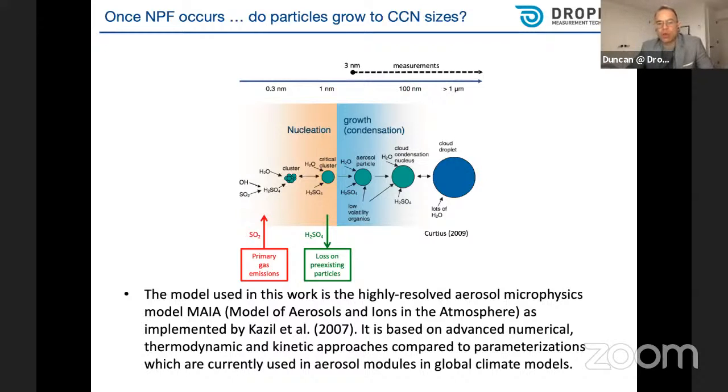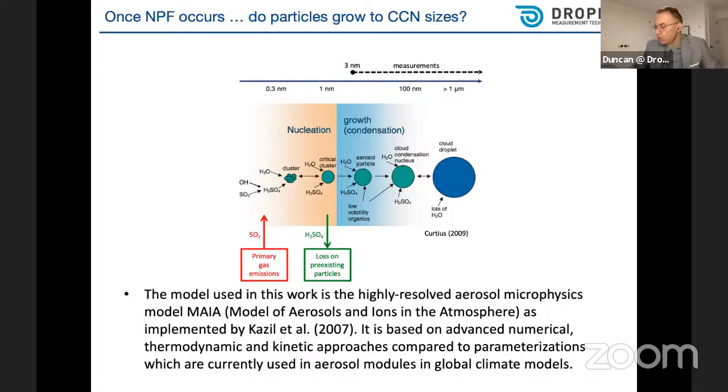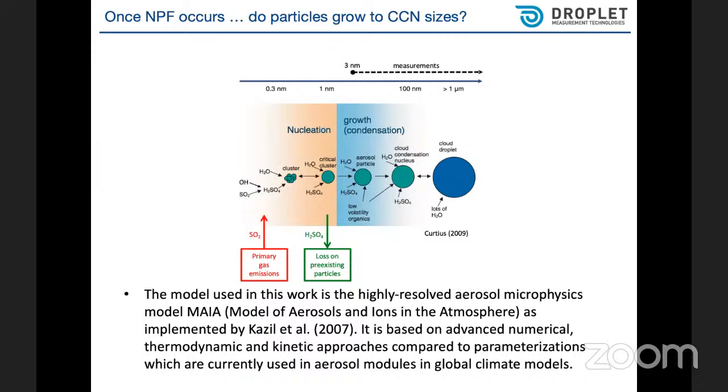And what I did was, wherever there was a particle formation event, I used that size distribution that was measured and then used the model that simulates this binary nucleation process to calculate the evolution of that size distribution to determine whether cloud will form.